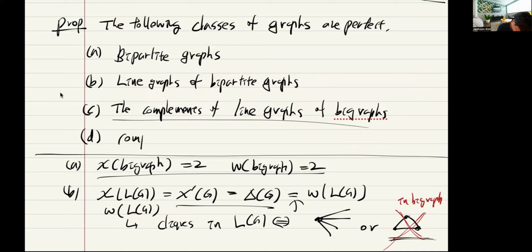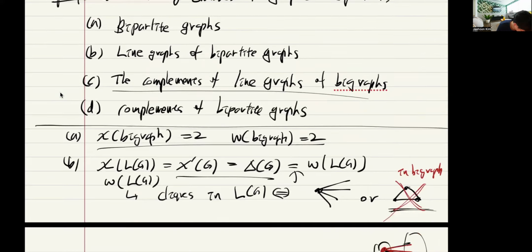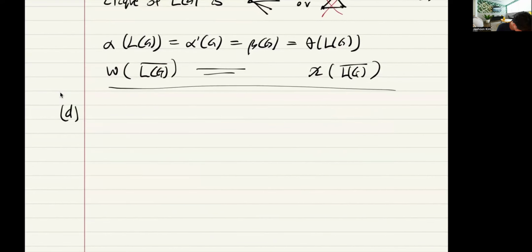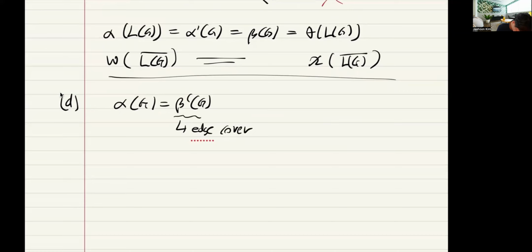And also, complements of bipartite graphs are perfect. So before, we proved that alpha of G is the same as beta prime of G. And what's this beta prime? This is the edge covering number. And what's this edge cover?